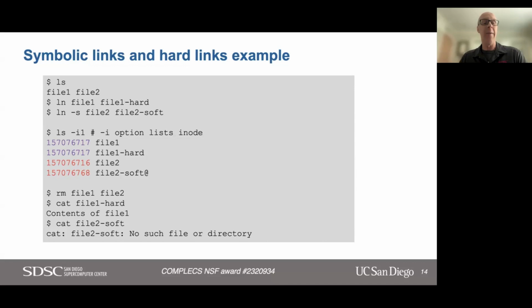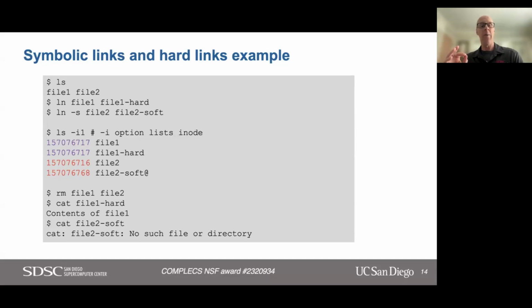And you're going to see that file1 and file1-hard both have the same inode. These are referring to the same location, to the same file. File2 and file2.soft have different inodes. Now notice what happens if I remove the original files.